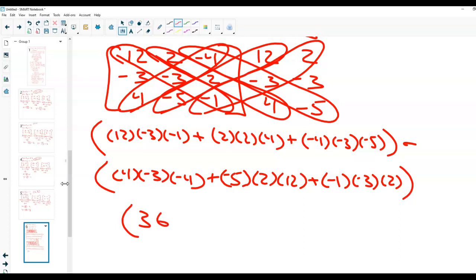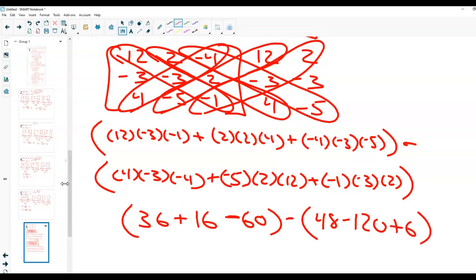36 plus 16 minus 60. 48 minus 120 plus 6.